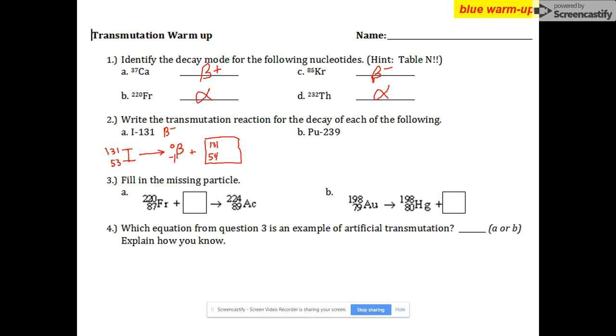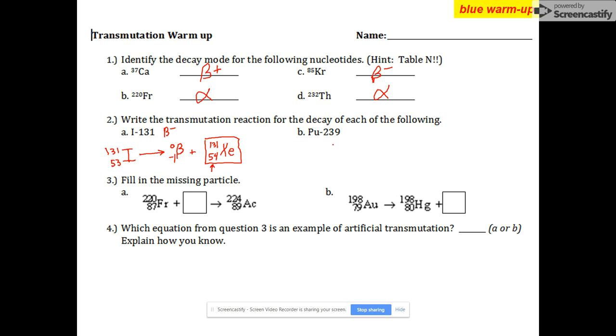That means something with 54 protons. And so let's see what element that is. You look in your periodic table, find element 54. It's going to be xenon, because xenon is the element with 54 protons. That's what you use as your last step to figure out what this element is.